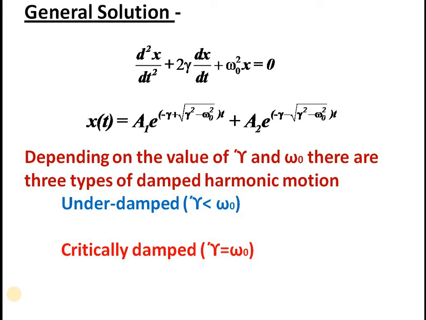Today we will discuss the next two cases. One is critically damped oscillation, in which gamma equals omega 0, and the third one is called overdamped oscillation. These are our main points for discussion today.